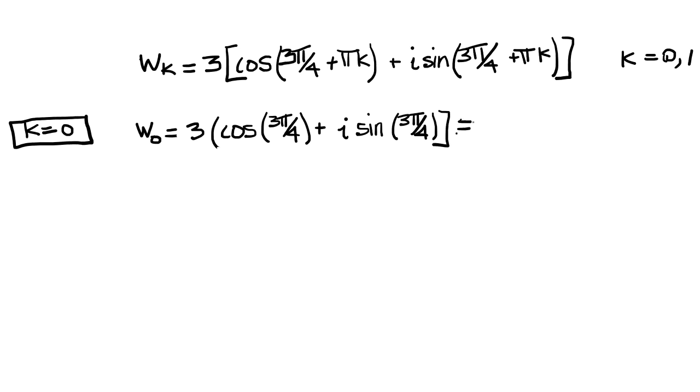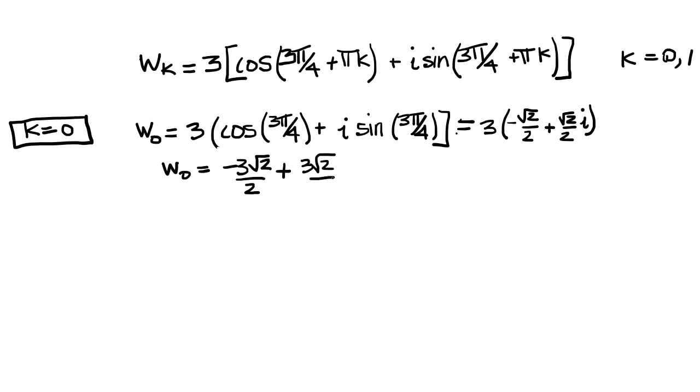So that's going to give me 3 times the negative value here, square root of 2 all divided by 2, and a positive value here, square root of 2 all over 2 times i. And that tells me that w naught is equal to negative 3 times the square root of 2 all over 2 plus 3 times the square root of 2 all over 2 i.